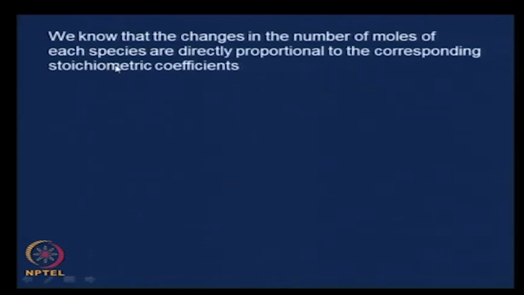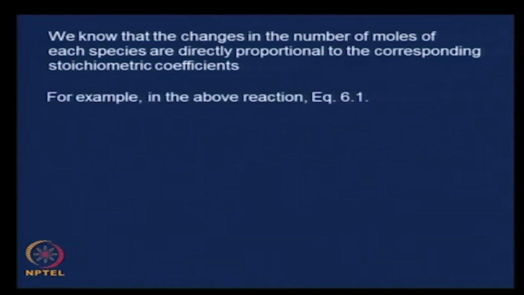Now let us go back to what we already know. The changes in the number of moles of each species in a reaction are directly proportional to the corresponding stoichiometric coefficients. What do I mean by that? For example, in the above reaction given by equation 6.1, 2A plus B gives 3C.